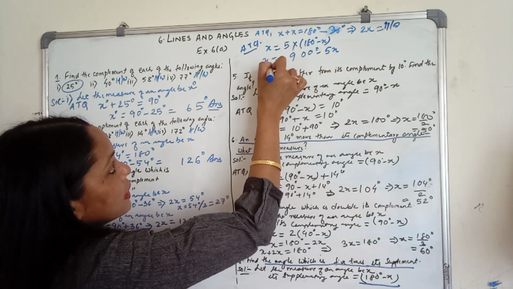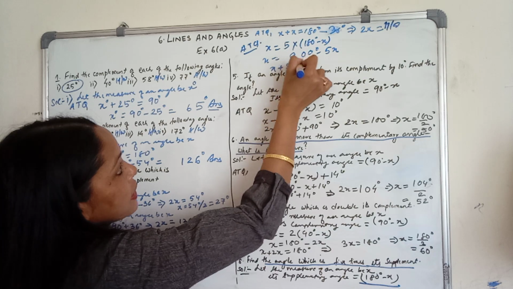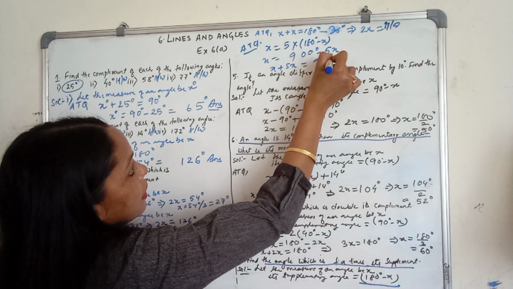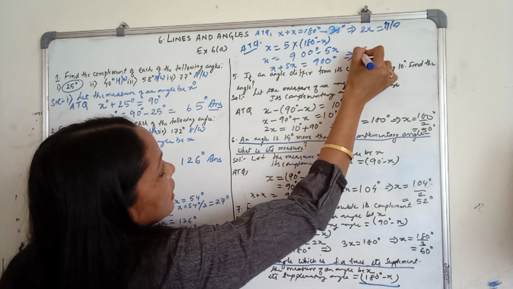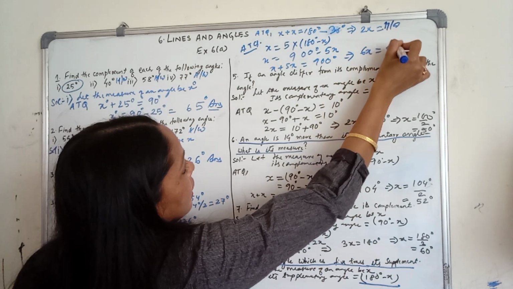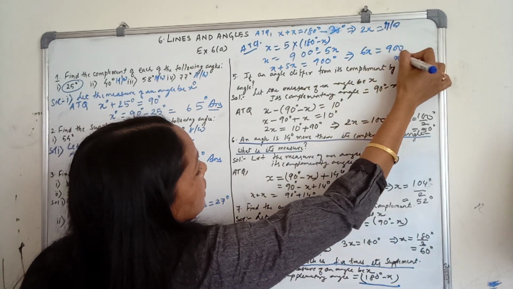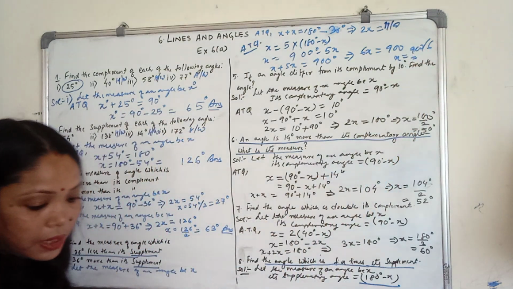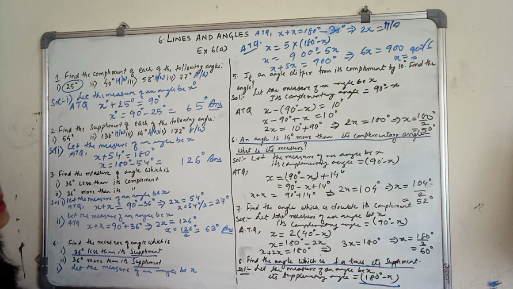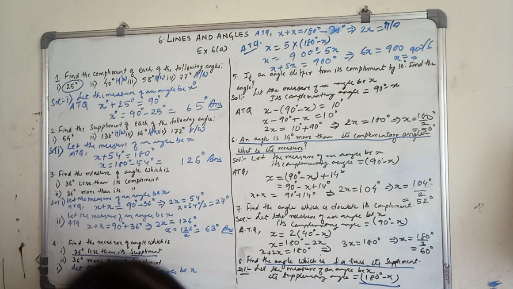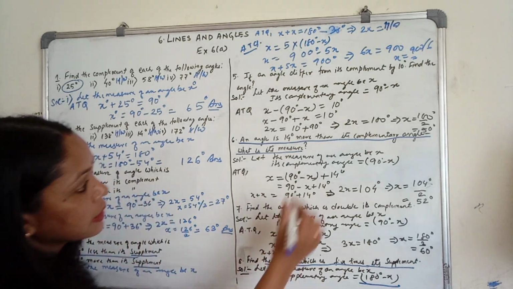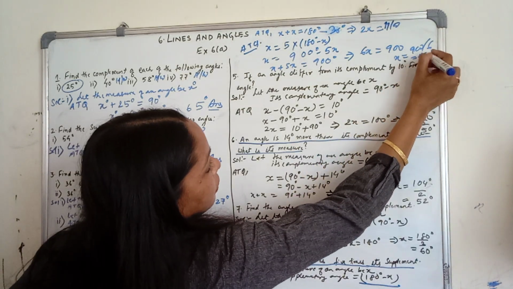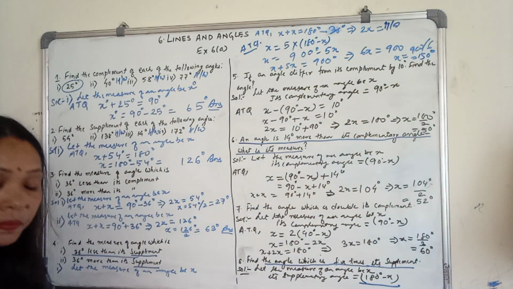So bring this x here. So x plus 5x equal to 900. So this is 6x is equal to 900. So x is equal to 900 by 6. If you solve this, 900 by 6, you will get 150 degrees.